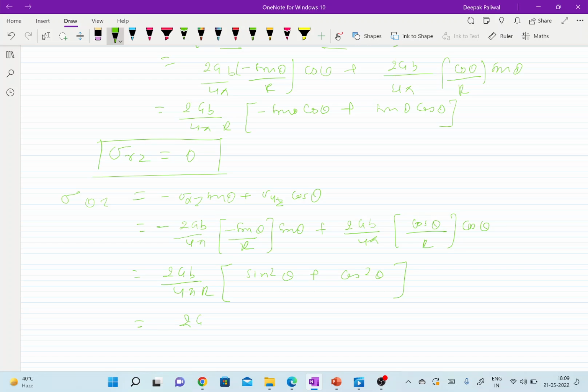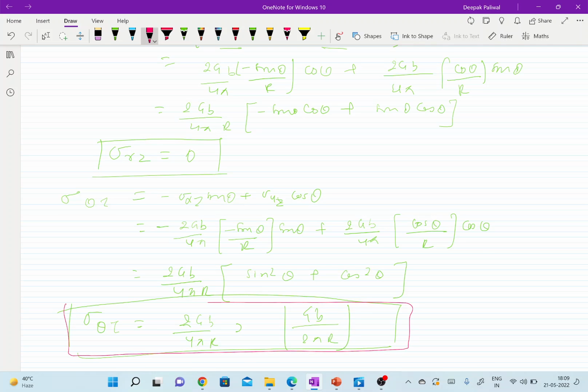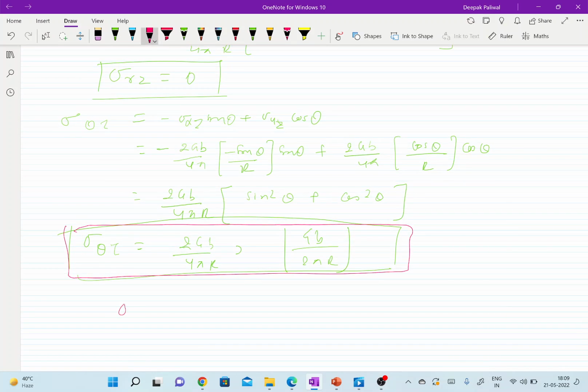So this becomes 2gb by 4 pi r, or I can happily write it as gb by 2 pi r. So we have the value on the plane along the theta direction, gb by 2 pi r. That means sigma theta z depends on the r value.